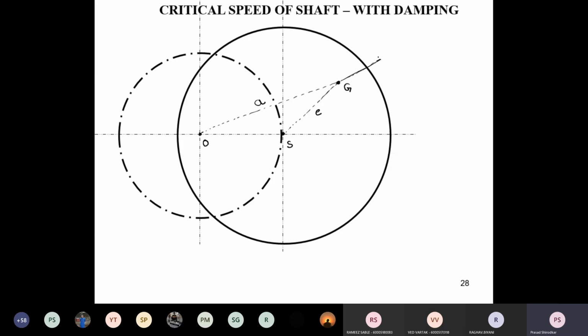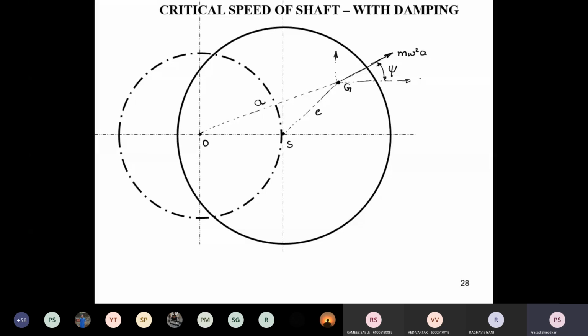So the inertia force will be along this line of action, and that magnitude is given as m omega square A. That is the inertia force. Alright. And if I resolve this force in horizontal and vertical direction, if this angle is psi, not phi, it is called psi.